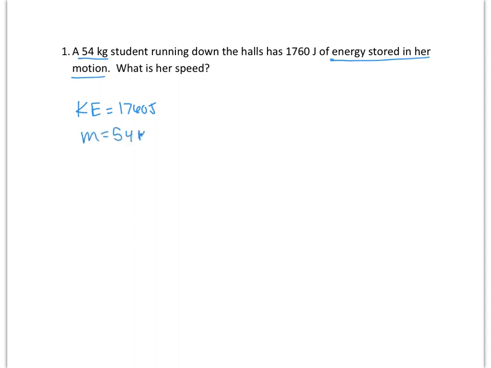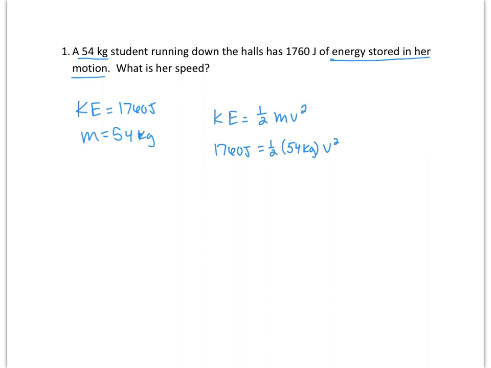So mass equals 54 kilograms. And it doesn't give us anything else. Equation for kinetic energy, KE equals 1/2 mv squared. So 1760 joules equals 1/2 of 54 kilograms times v squared.